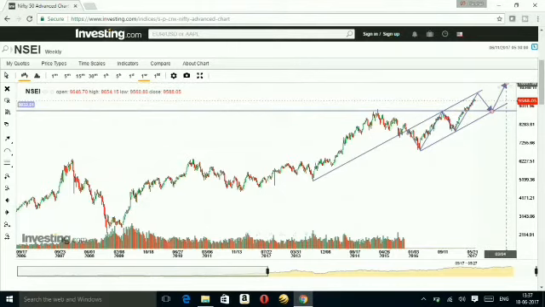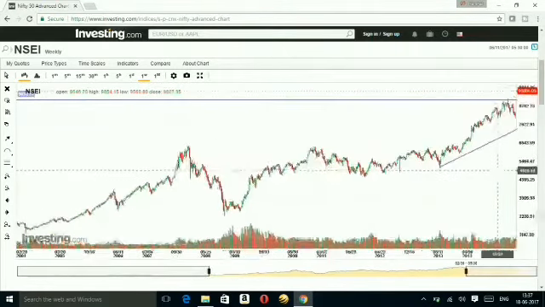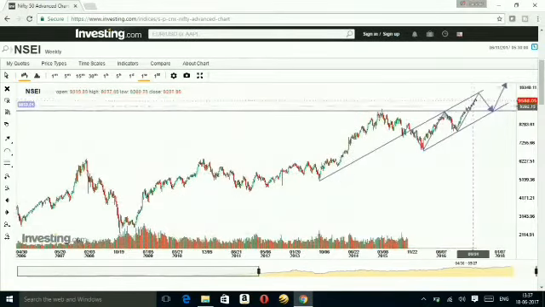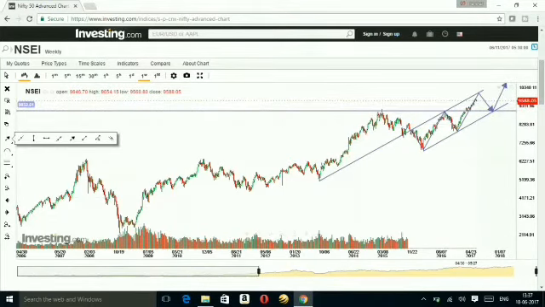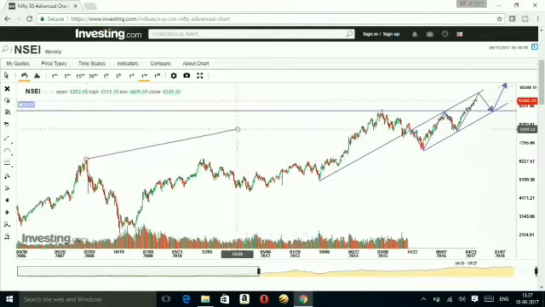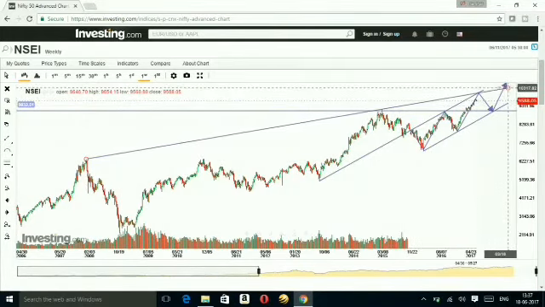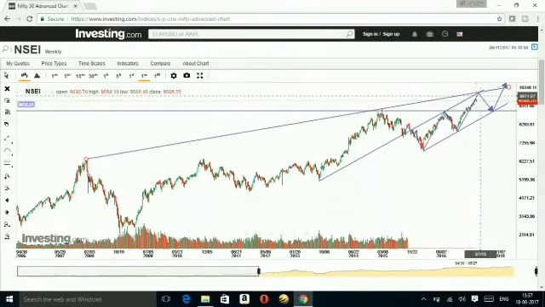So we can revisit this chart going forward, but as of now we are considering a possibility that Nifty can touch 10,000 and it can again retrace back from here till here. If I join this trend line from here to this line over here, so now I am joining these higher highs, which is coinciding with this trend line.